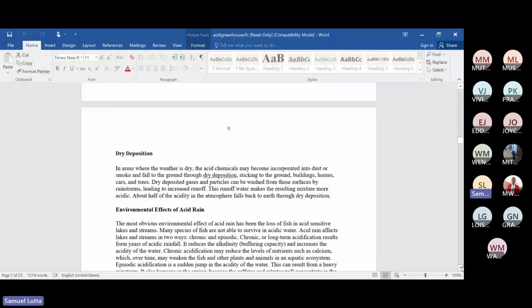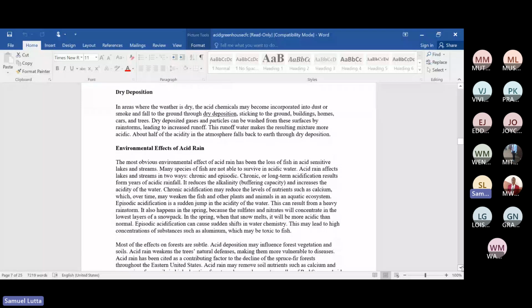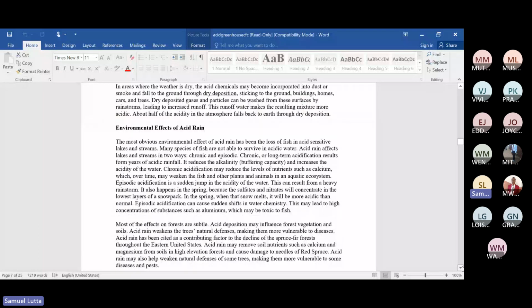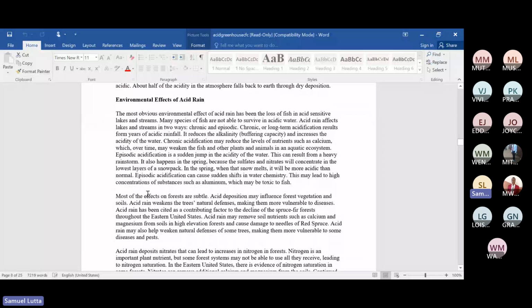So what are some of the effects of the acid rains? I think I've just tried to explain the effect of this acid rain. And the effect of the acid rain is that it's going to make the water acidic. And we know most of the organisms are sensitive to pH because the reactions in the bodies are controlled by enzymes which are sensitive to pH.